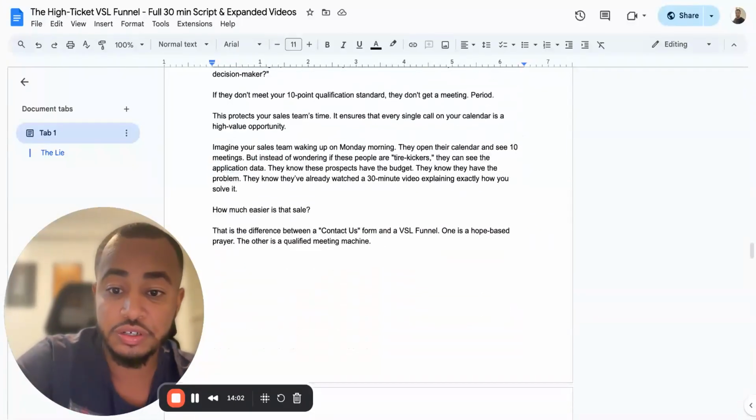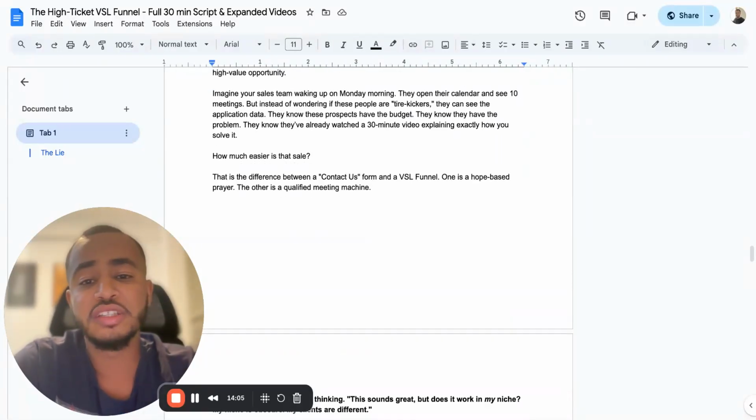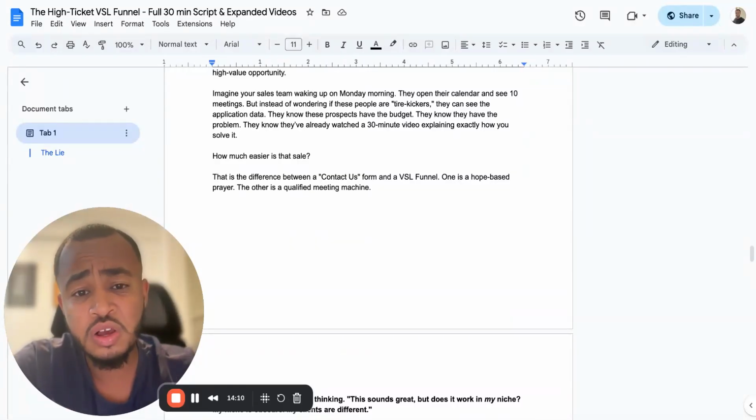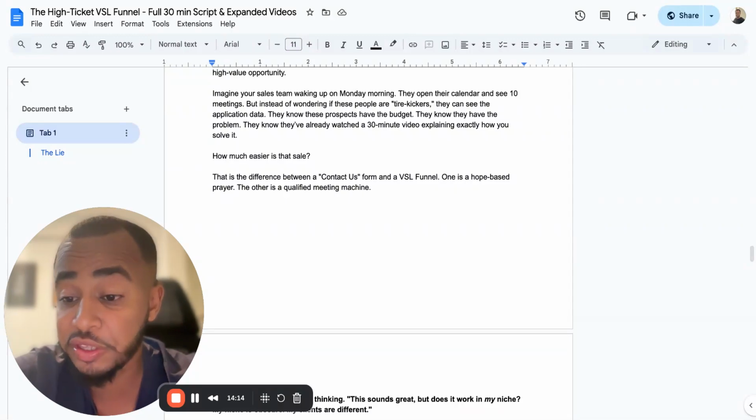How much easier is that sale? That's the difference between a contact-us form and a VSL funnel. One is a hope-based prayer, the other is a qualified meeting machine.